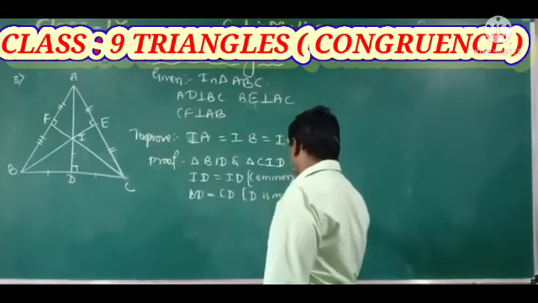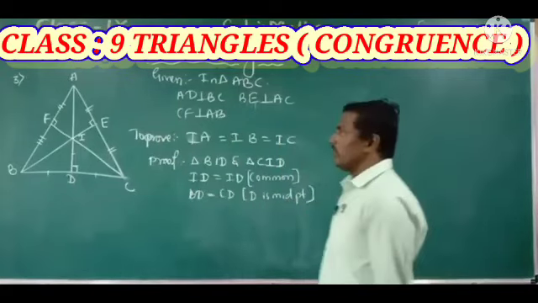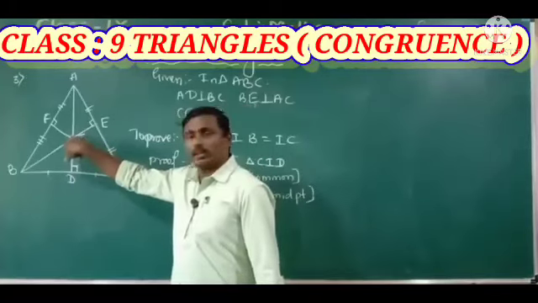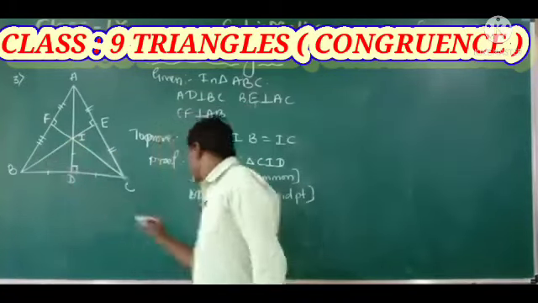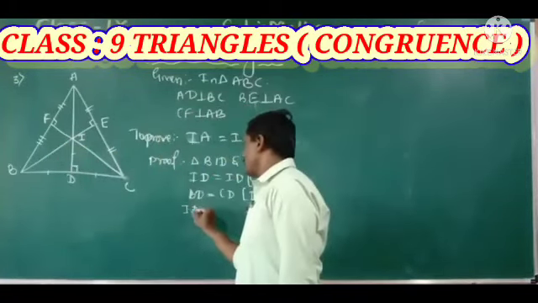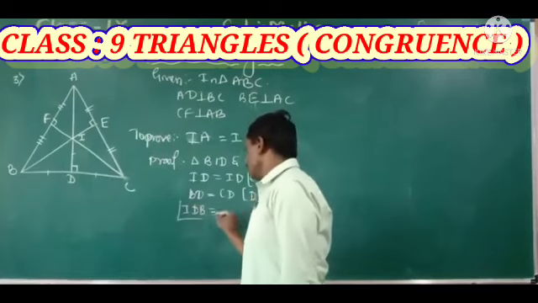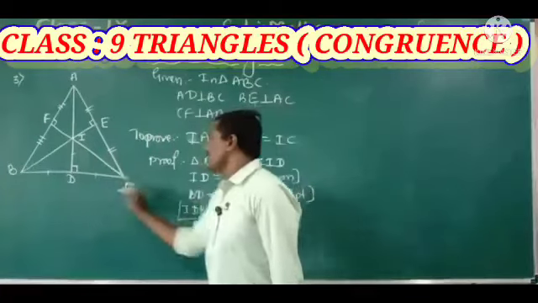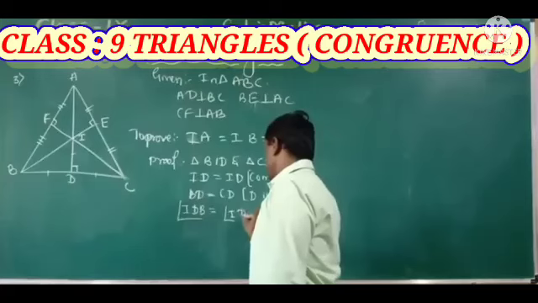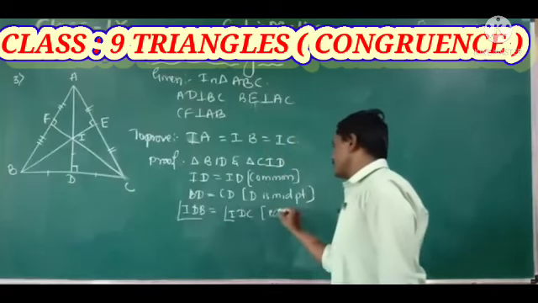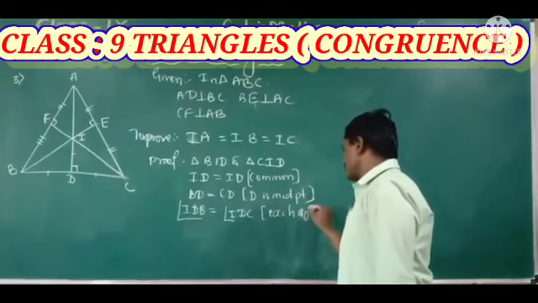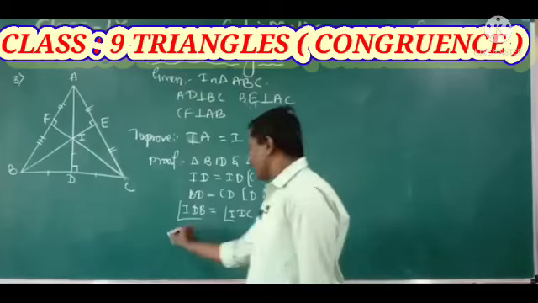Next one, angle IDB is equal to angle IDC. Each angle is 90 degrees.